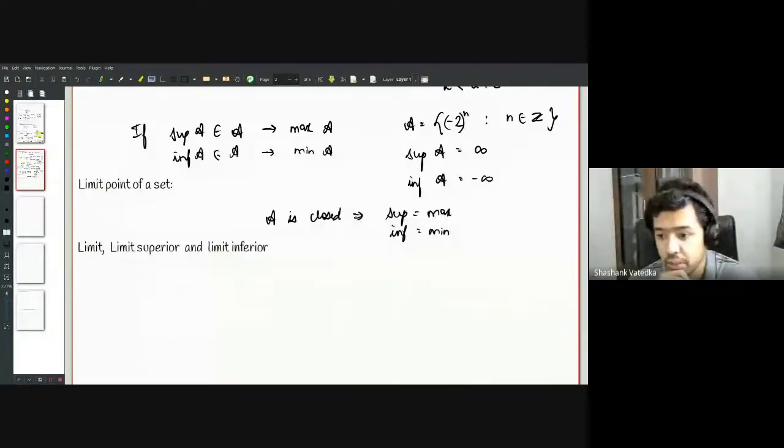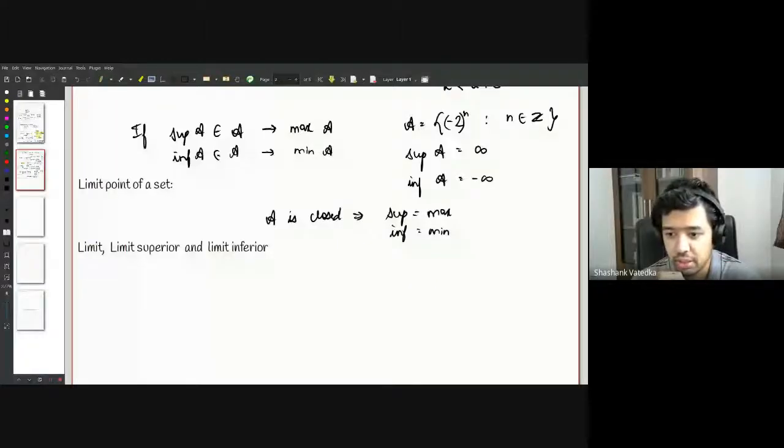Sivamoni has asked a question. There are a couple of questions in the chat box. One question is, are supremum and infimum defined for all types of sets? For any subset of the real numbers, the supremum and infimum always exist. They may not lie within the set, but they could.